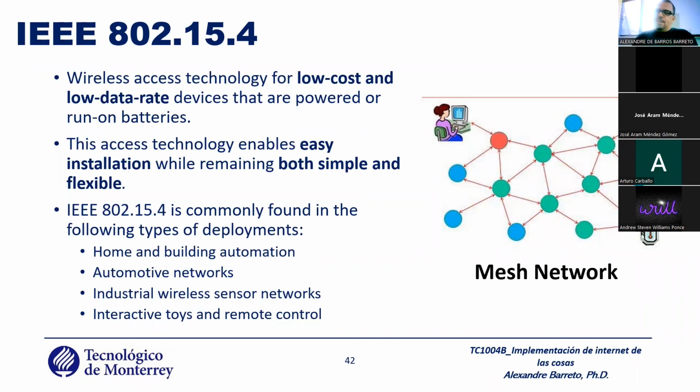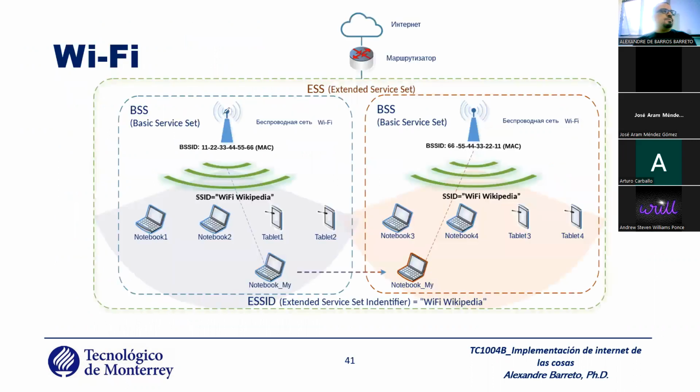What is the good thing in the mesh network? We're back to the last slide. If you lost this guy here, what happens with notebook 1, notebook 2, tablet 1, tablet 2, to connect to the internet?